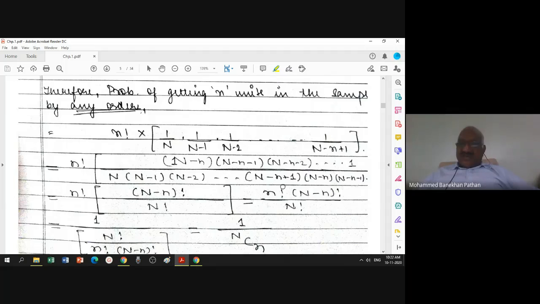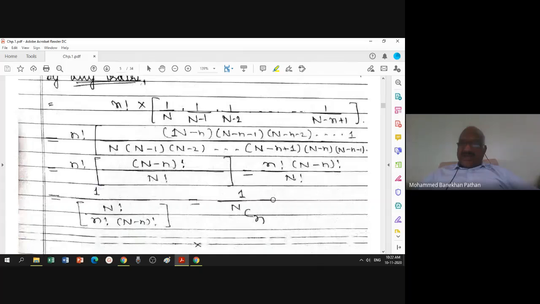So this is nothing but the reverse of the combination. I can write this in the reverse form, 1 upon N factorial divided by this. So these products represent the combination formula NCn, and that is the answer of your second result.